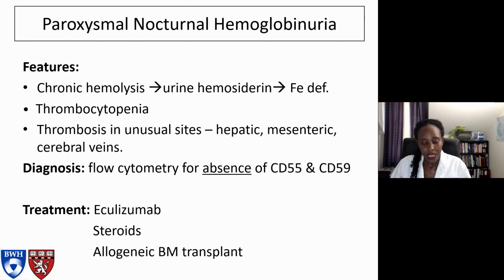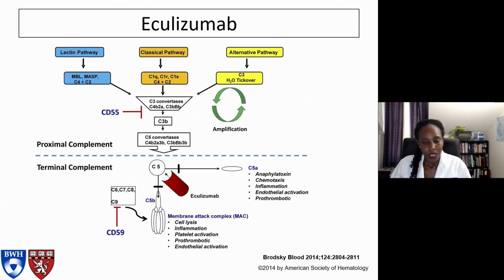The treatment is eculizumab, as well as steroids, and allogeneic bone marrow transplant is the only curative therapy. Eculizumab is a monoclonal antibody against C5. It binds to C5 and prevents the cleavage of C5 into C5a and C5b, where C5b is needed for the formation of the membrane attack complex that is responsible for complement-mediated hemolysis.